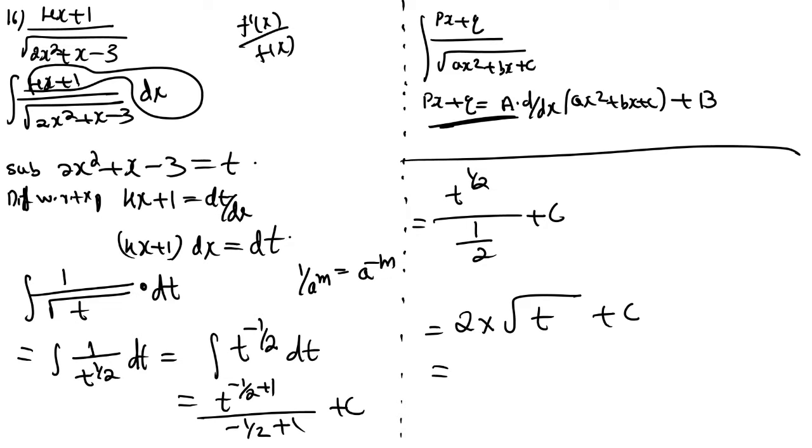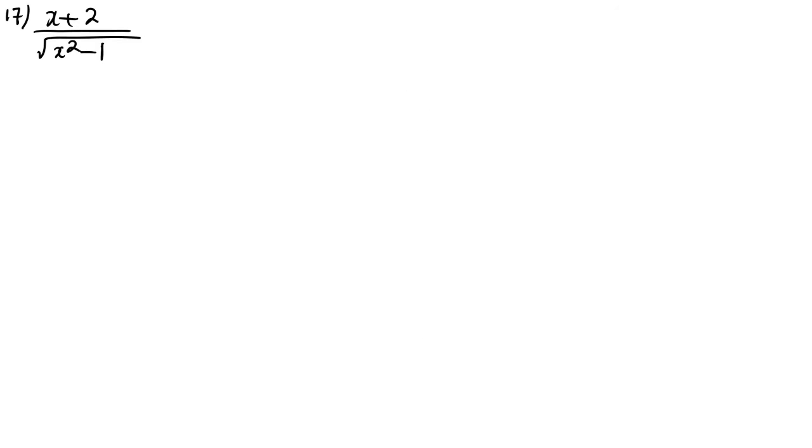What is root t? Root t value is equal to square root of 2x square plus x minus 3. Then plus c. So the integration value is equal to 2 into square root of 2x square plus x minus 3 plus c.